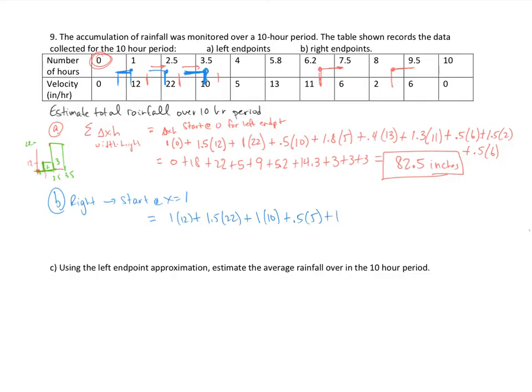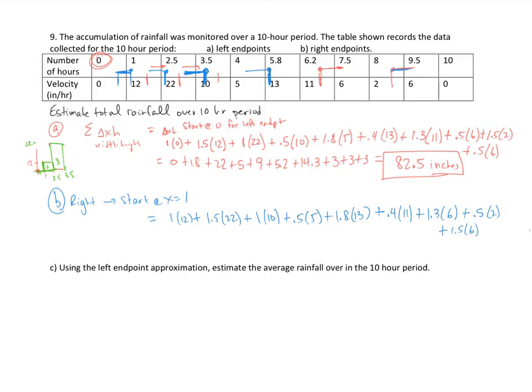And then the next one will be 1.8 times 3. Again, 1.8, right endpoint. I'm going to use that value that corresponds to it, 13. Oops, that should be 13. 1.8 times 13 plus 0.4 times 11 plus the 1.3 times 6 plus 0.5 times 2 plus 1.5 times 6.